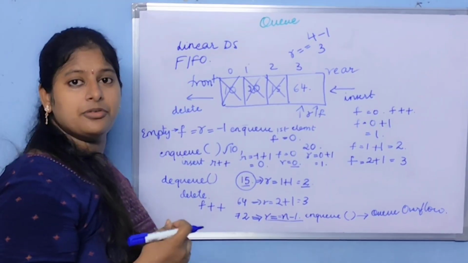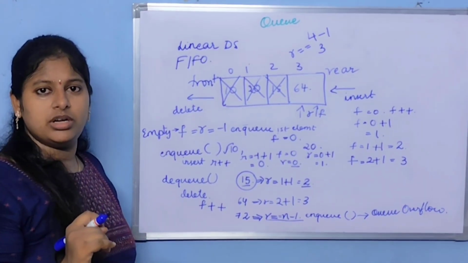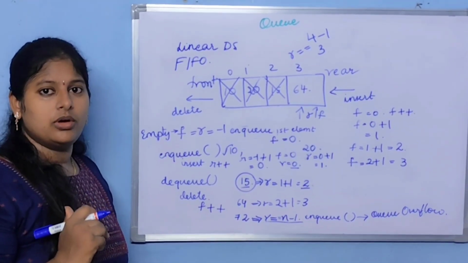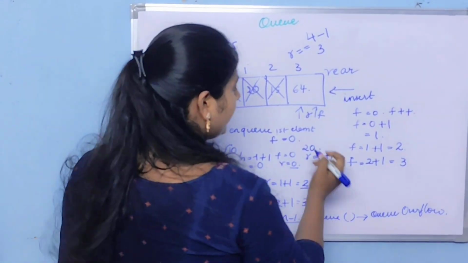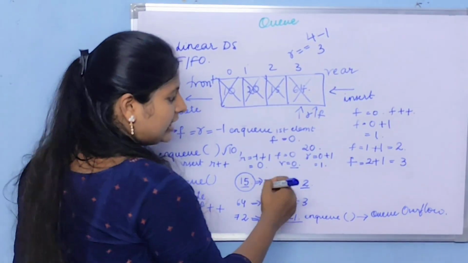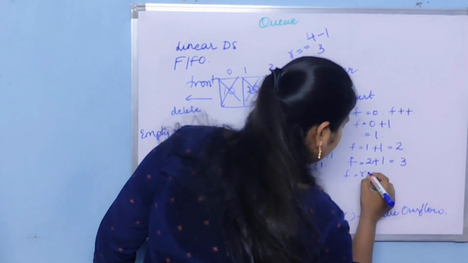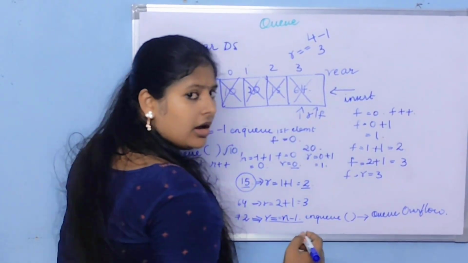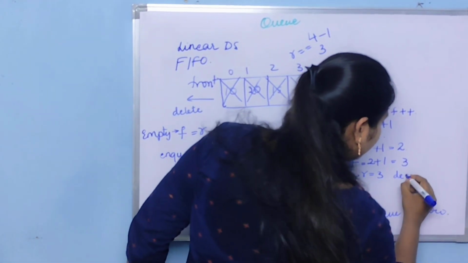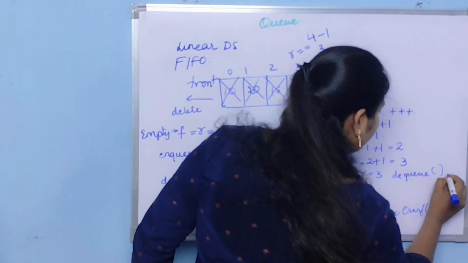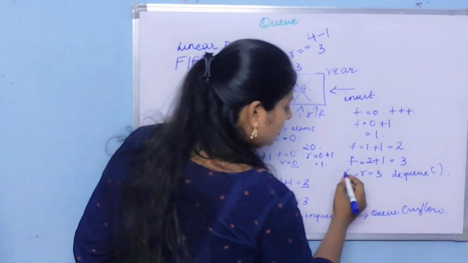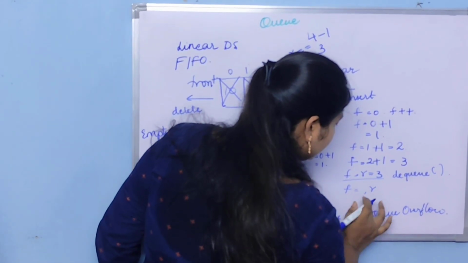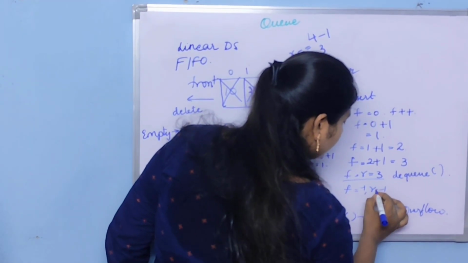This means when the front and rear are pointing to the same element, it means there is only one element existing in the entire queue. Right? So again I try to delete an element. When front equals rear, the same element, that is 3, and then you try to dequeue, my front and rear values will automatically become -1.